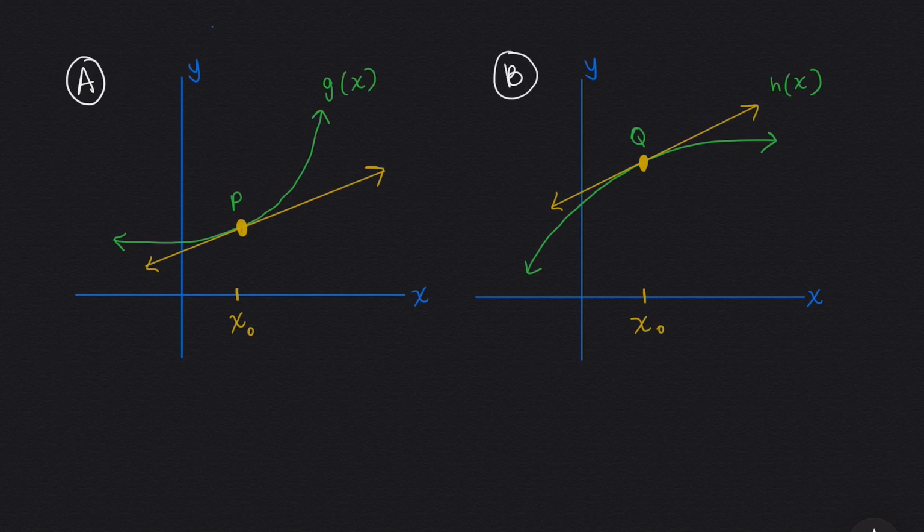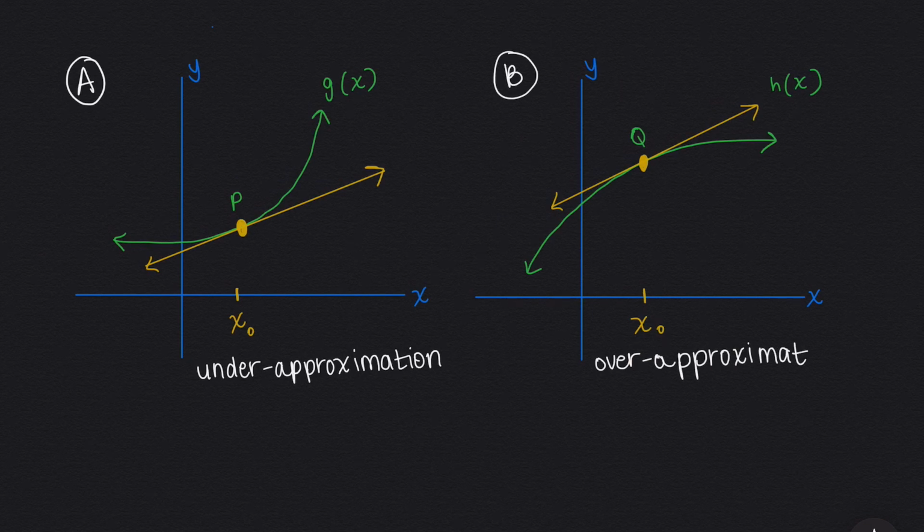So for graph A, our tangent line approximation would give us an under approximation, simply because the y values on the line will be smaller or lower than the y values on g of x. In graph B, our tangent line will give us an over approximation because the y values on the tangent line will be greater than the y values on the curve.